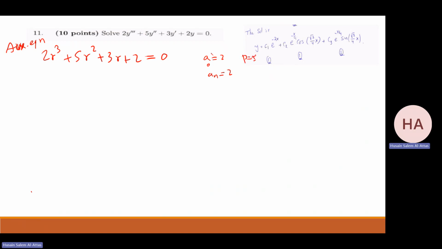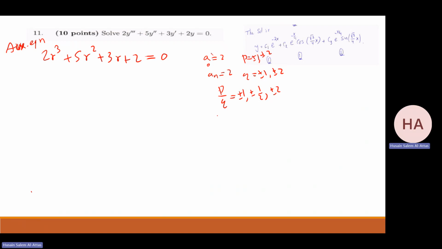So p equals plus or minus 1, plus or minus 2. q will be plus or minus 1, plus or minus 2. So p over q will be plus or minus 1, plus or minus 1 over 2, plus or minus 2, plus or minus 1, which is already there. For sure, the positive ones will not do it because it will be plus, plus, plus, plus.